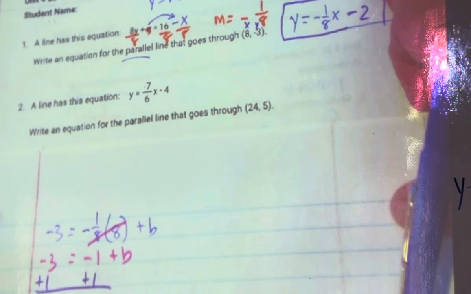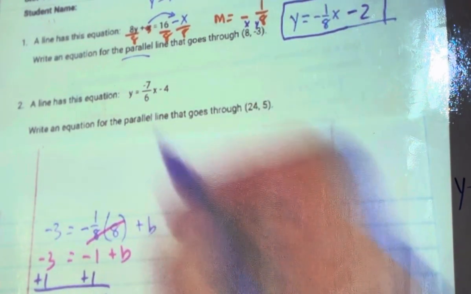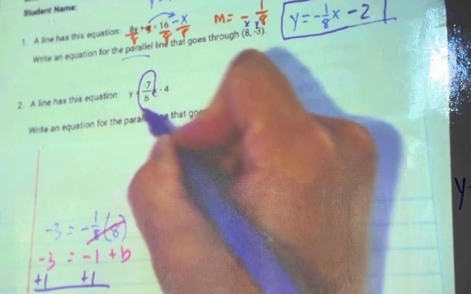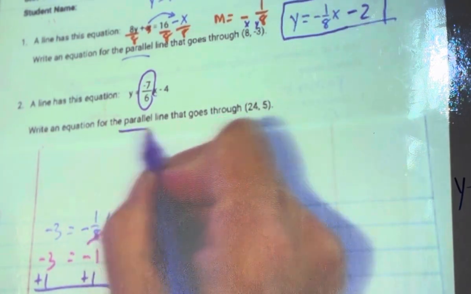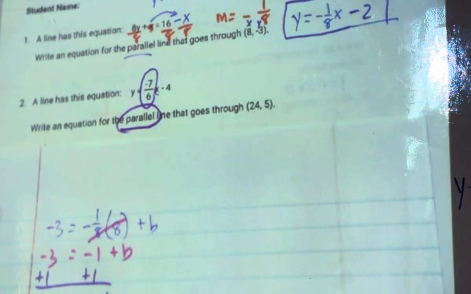That one starts off a lot easier because it gives you the slope, right? There's my slope. And we're looking for parallel. So that means we don't change it. So what are the other methods to be able to find the equation?